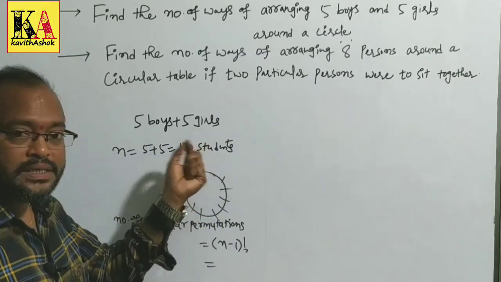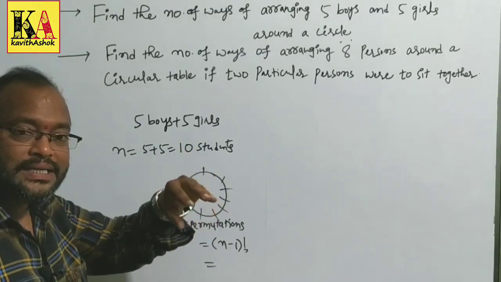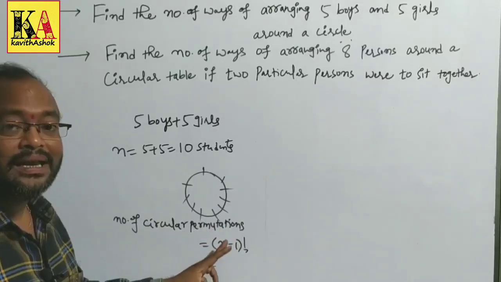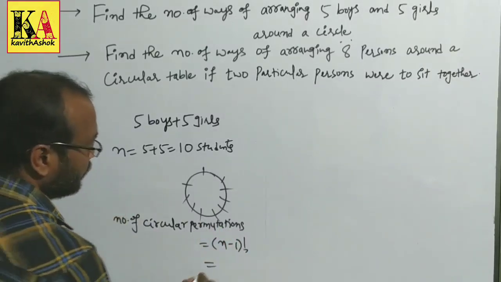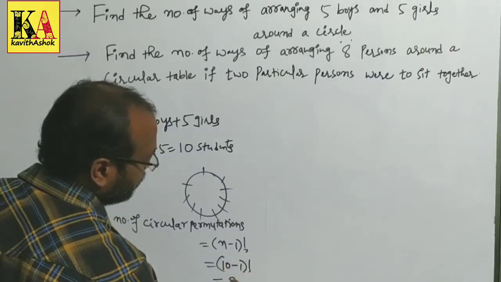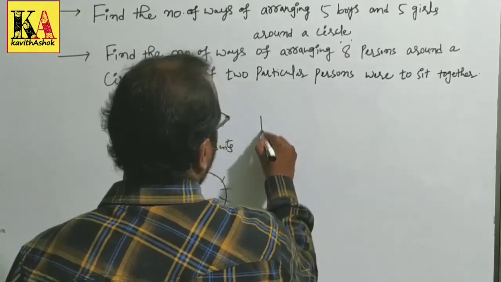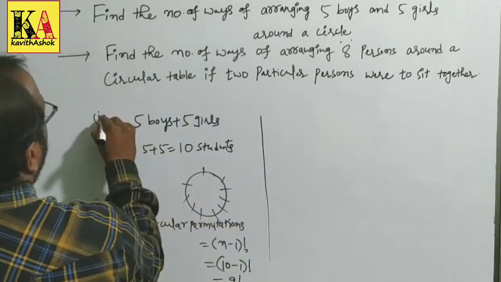Out of 10 students, one student we consider as the starting position, so that is fixed. So this is 10 minus 1 factorial, which is equal to 9 factorial. This is our first answer.